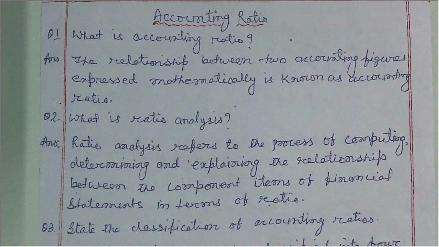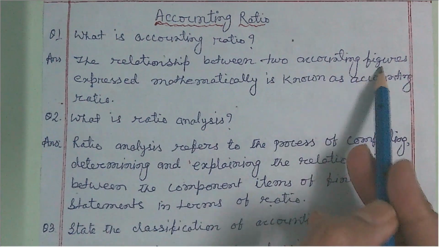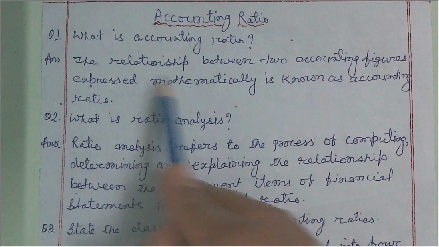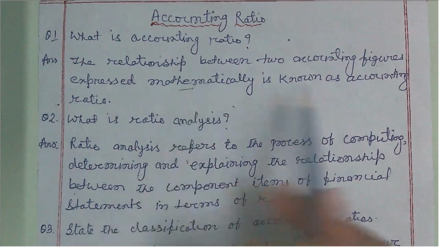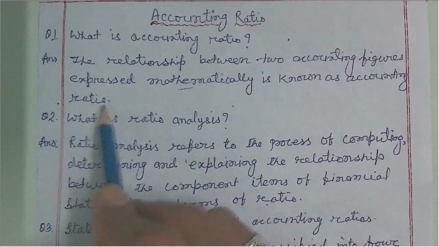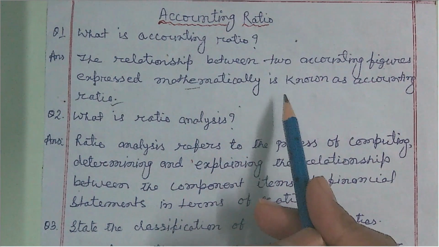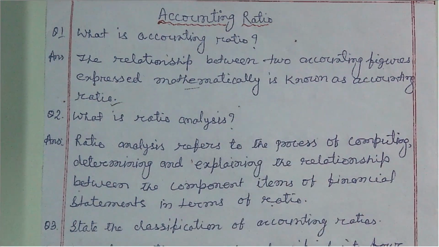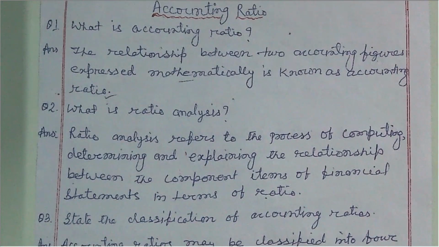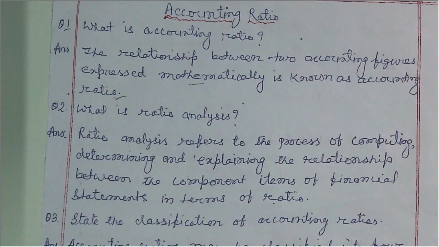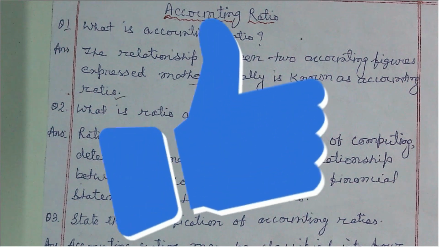It can be said in another way also: the relationship between two accounting figures expressed mathematically is known as accounting ratio. Mathematically expressed. So this is a very simple meaning of what is accounting ratio.